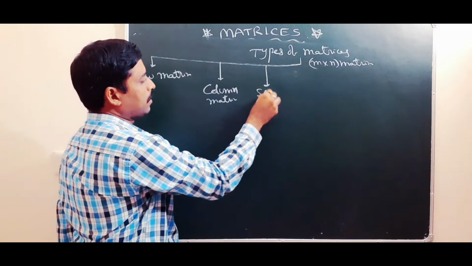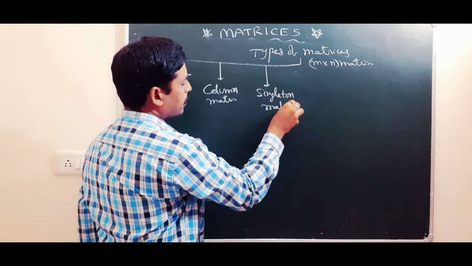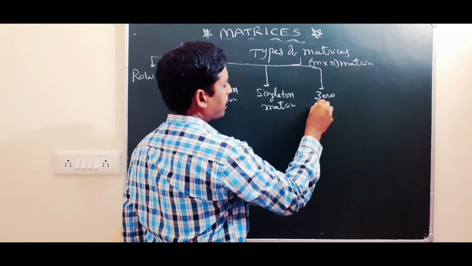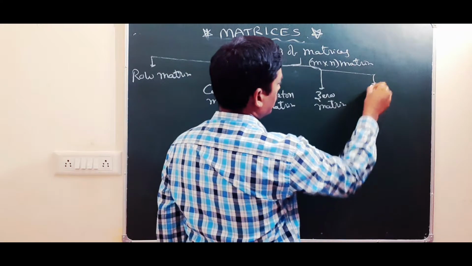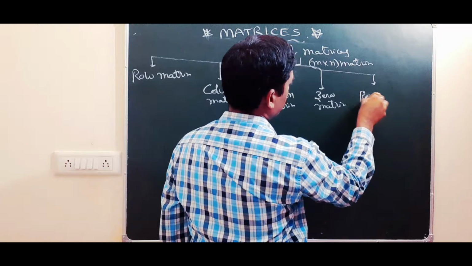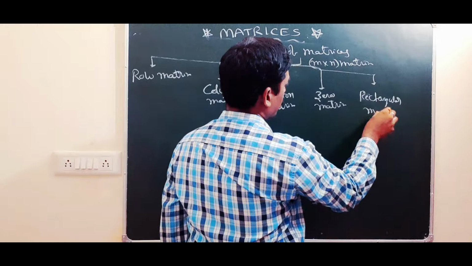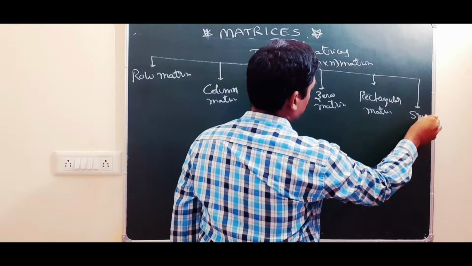Next is the singleton matrix. Next is the zero matrix. Next is the rectangular matrix. Next is the square matrix.